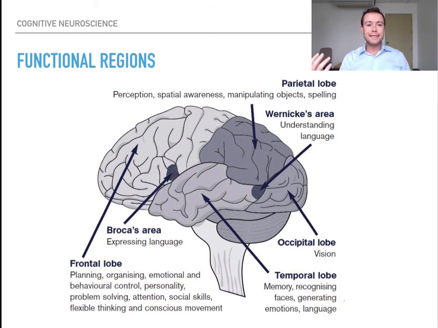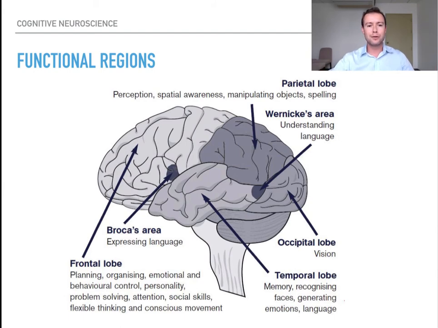But it's important to also note that when doing any sort of process, there are usually multiple regions of the brain that are involved. There's not just one of these regions that is implicated. So for example, whilst I might say that a specific region of the brain is associated with the ability to read, the actual process of reading is not just going to require that one region.